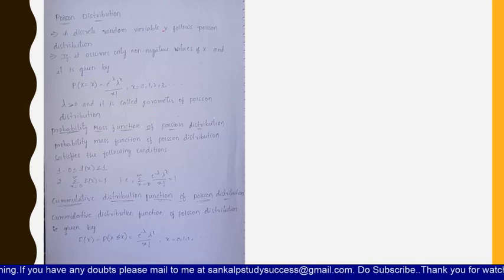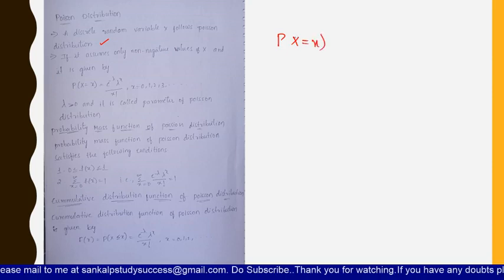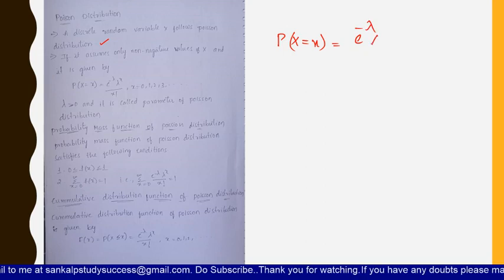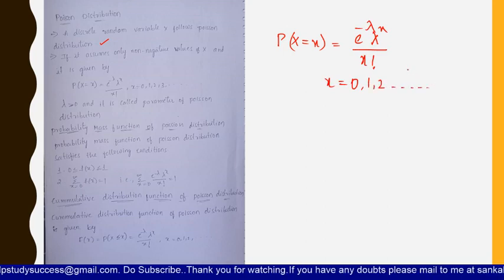A discrete random variable x follows Poisson distribution, so it assumes only non-negative values of x, that is only positive values. See here, the formula of Poisson distribution is p of x is equal to e power minus lambda, lambda power x by x factorial, where x is equal to 0, 1, 2, 3 and so on.